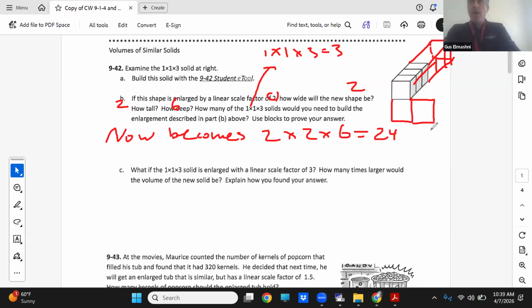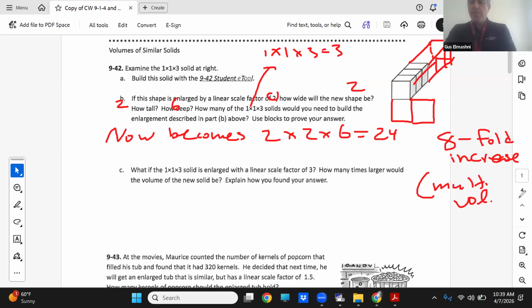So we increase by how many times? 8, yeah. We call it an 8-fold increase, meaning we multiply the volume by 8.